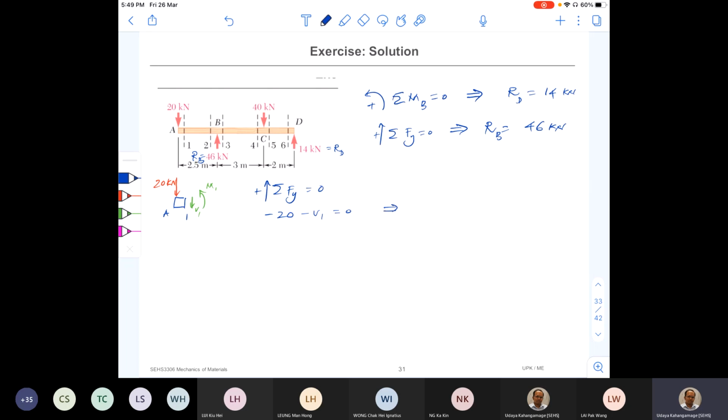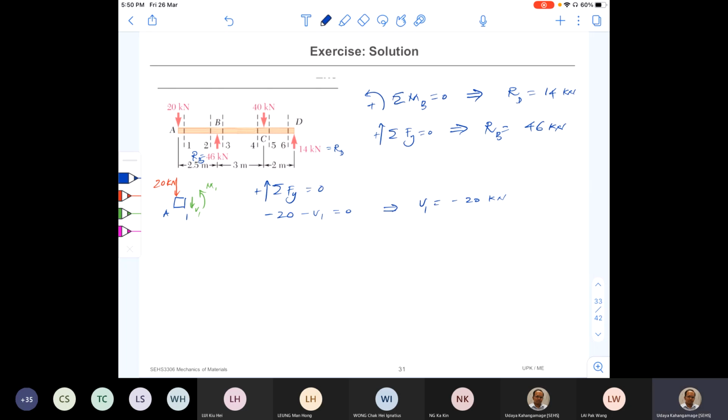So this implies that shear force at point 1, V1, is equal to negative 20 kilonewton. So I just did this calculation to show you that here shear force is negative. The direction that I marked is wrong. But normally unknown shear forces we mark with positive sense, right?